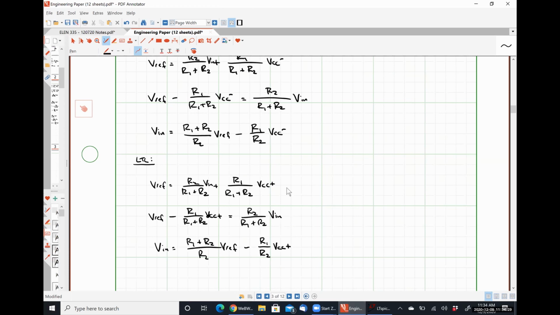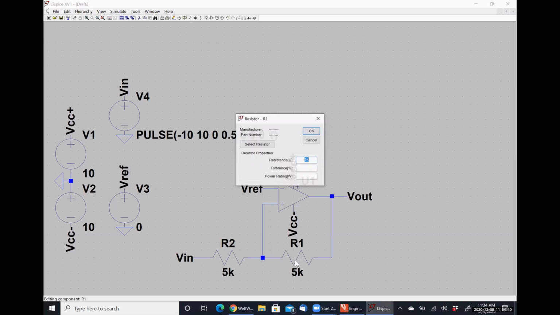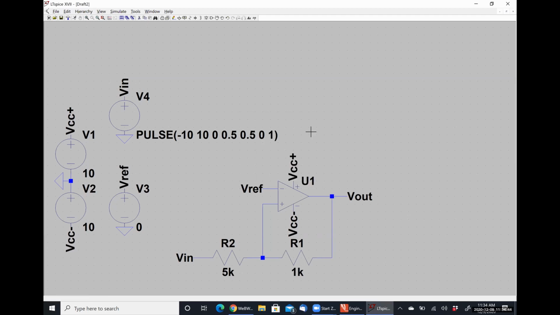So I'm going to change R2. Hold on. Now I need to check here. R2 is the one in the feedback. So let's make this guy 1K. We're making them different so that we actually have a trigger limit that we can observe.